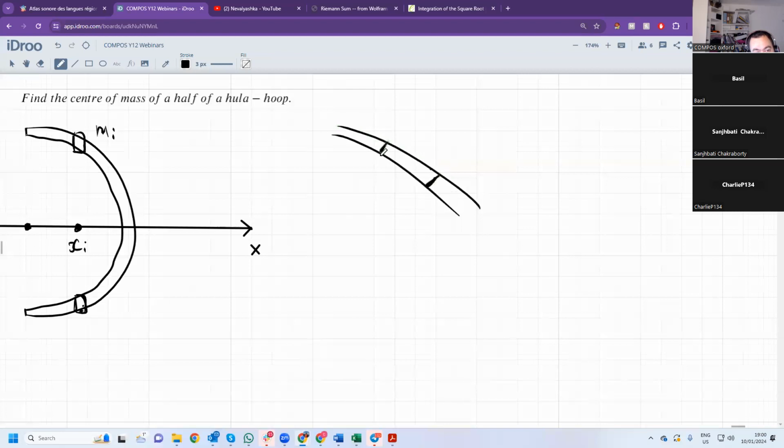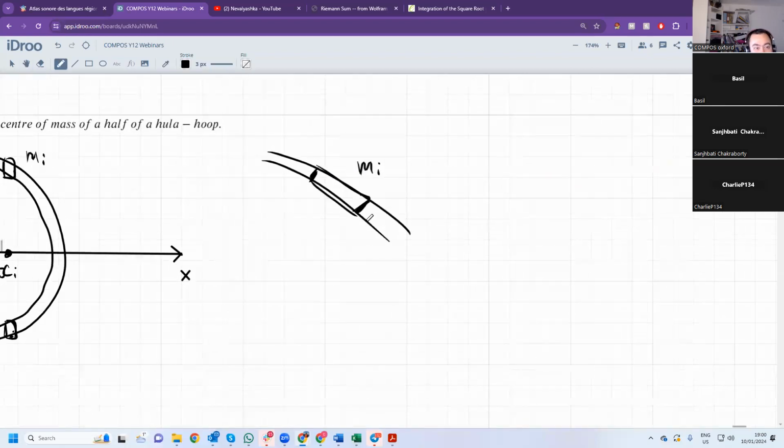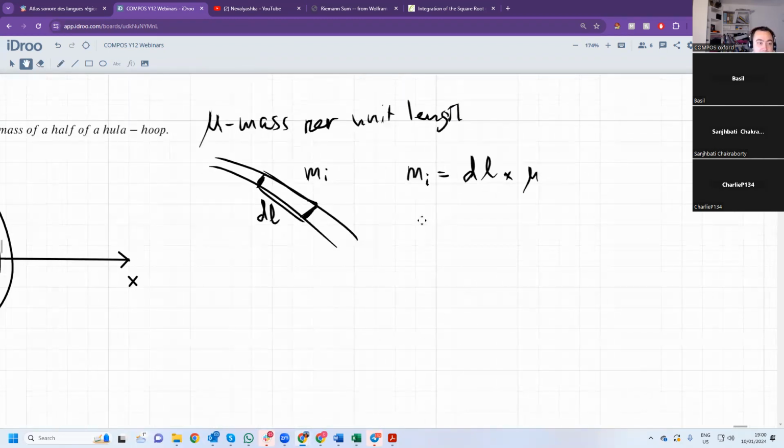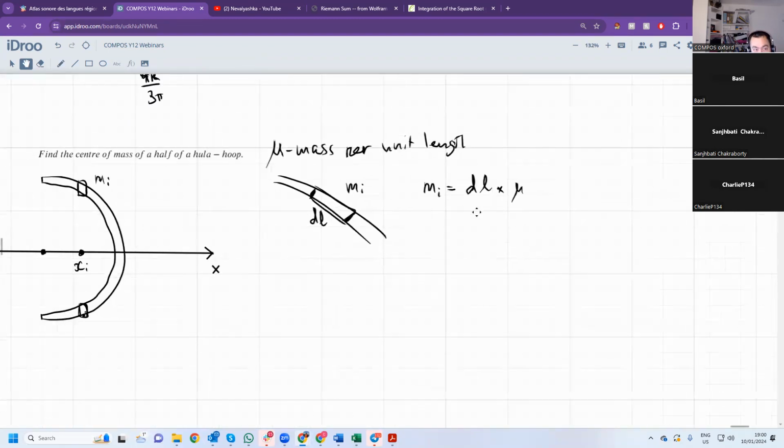Here, mi is equal to the length, let's call it dl, multiplied by mu, where mu is the mass per unit length. The mass is proportional to the length, dl.